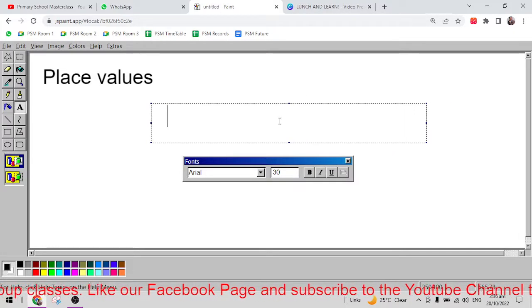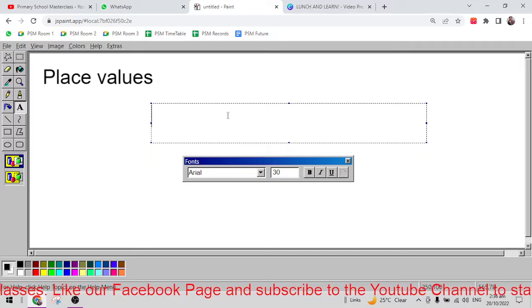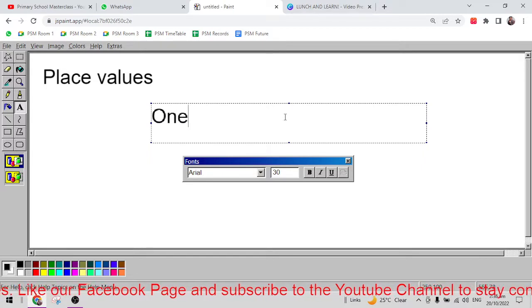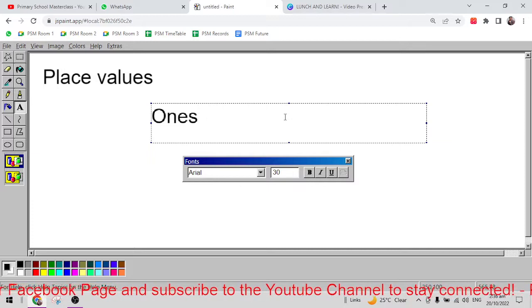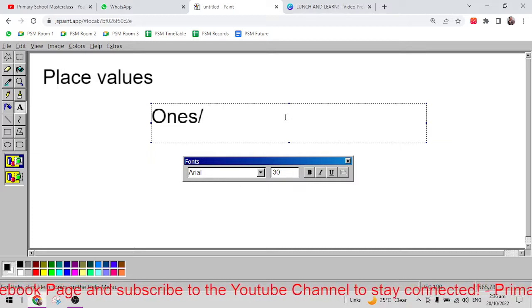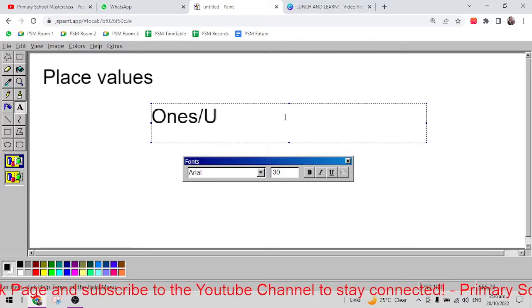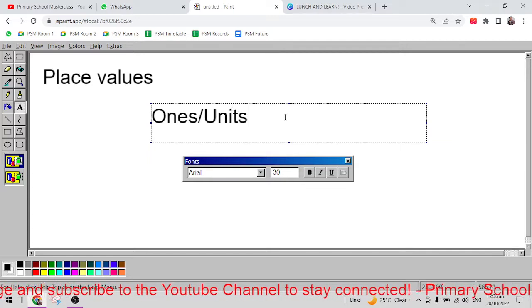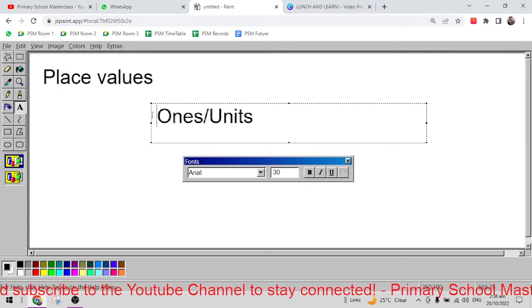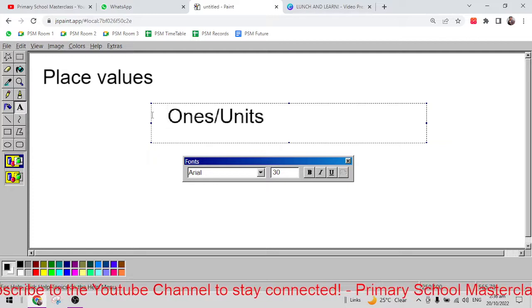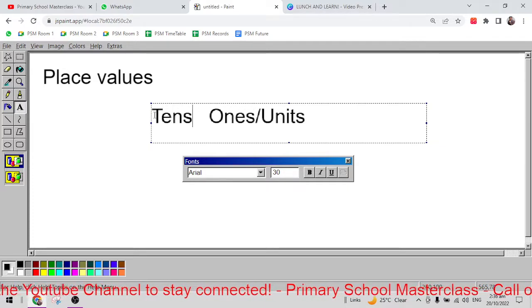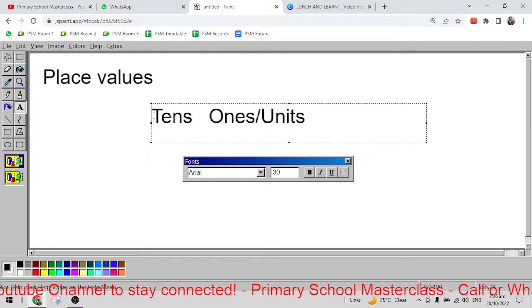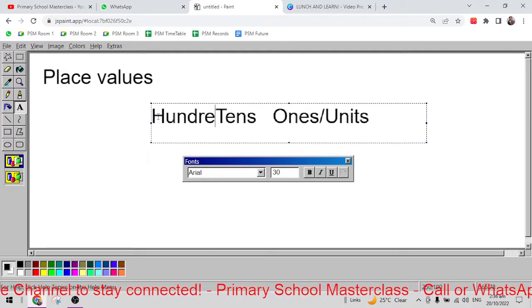On one column we have the ones column. Some schools call it the units, it's basically the same thing. The units column. Then we could also have the tens column. Then we also have the hundreds.